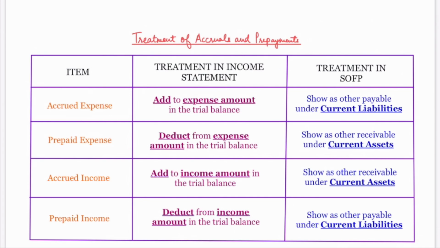Now let's see the treatment of accruals and prepayments. One thing before that: these balances will be given to you in the trial balance in the question. There are 2 methods to work on them. Method 1 is that you adjust them in the trial balance itself, doing the treatments there and directly writing the final figure in the final accounts, the income statement and so on.